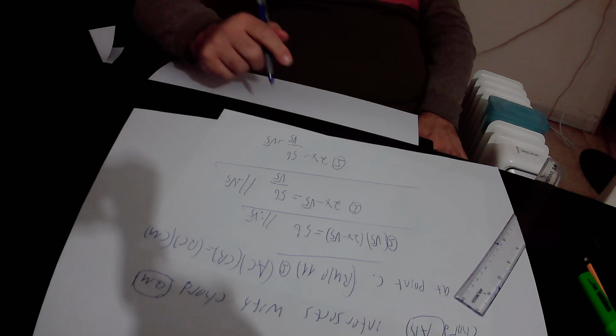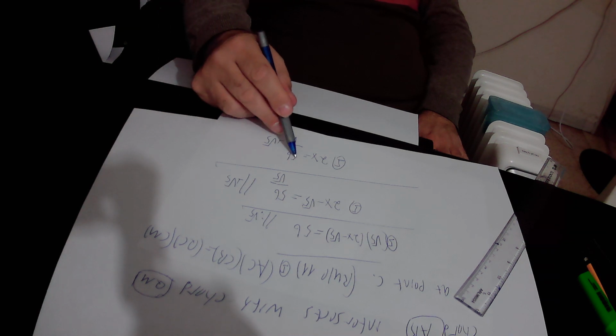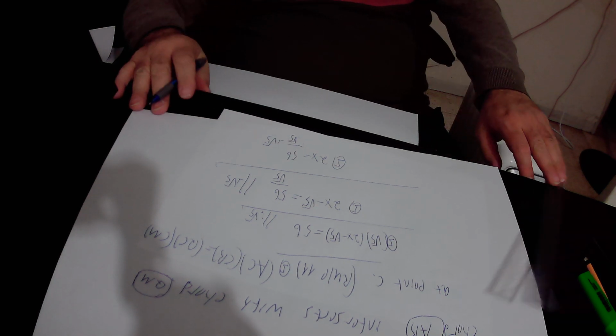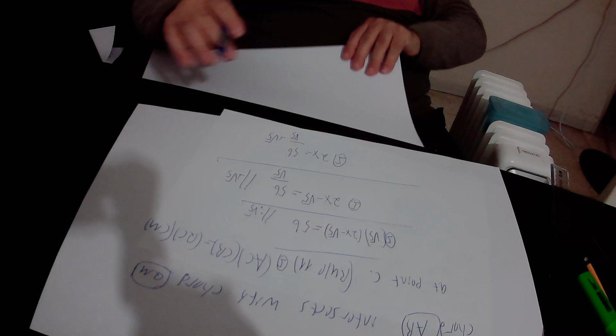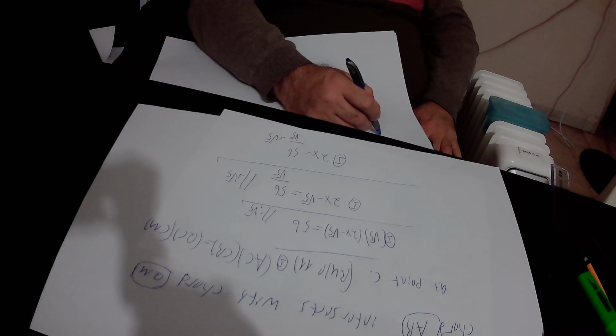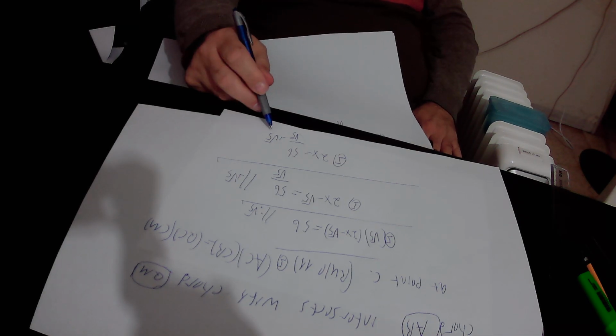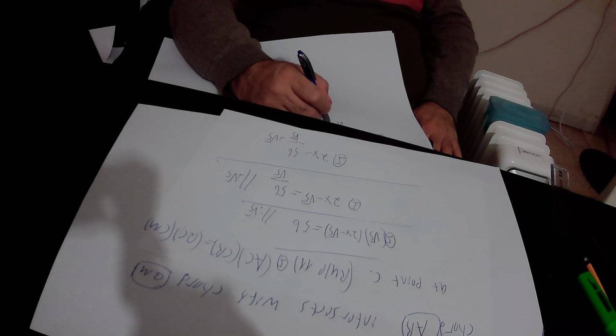So here we will multiply square root of 5 by square root of 5, and then divide it by square root of 5 in order to have a common factor with this expression.